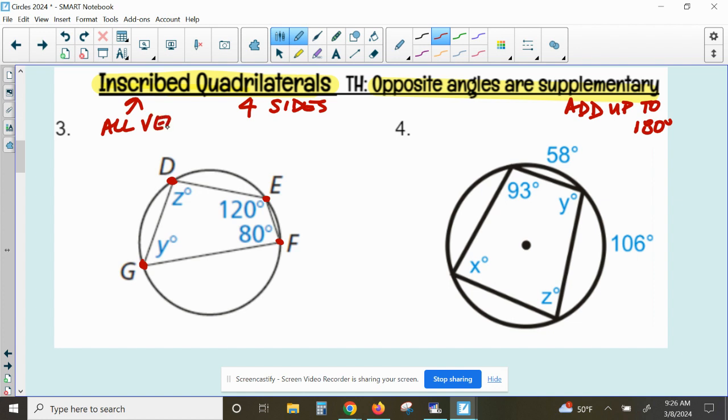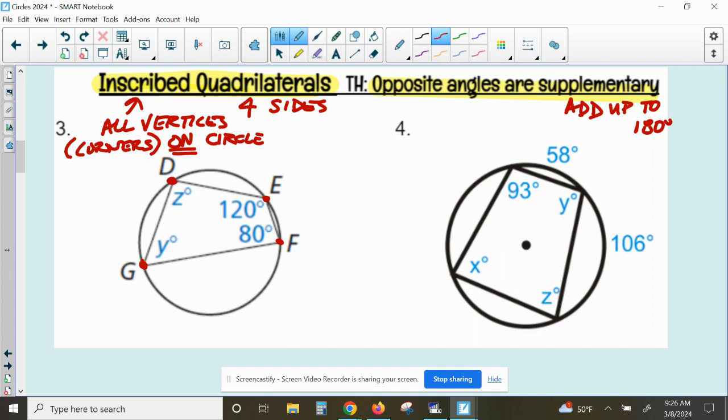Corners. I'll put both. On the circle. Remember we talked about the difference between on a circle and in a circle? On means right on the rim or on the outside.